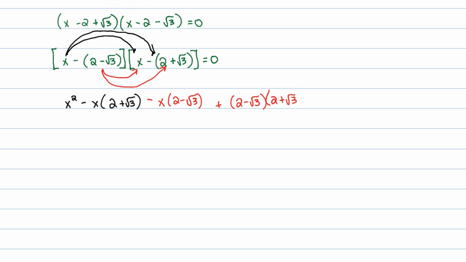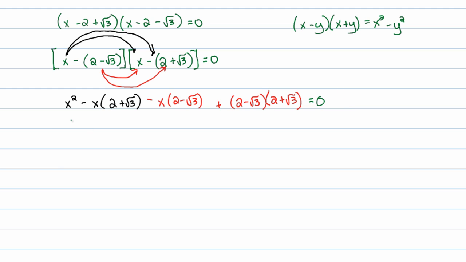And this is what's kind of neat about using this method, is that this right here is actually a difference of squares. It's not really a difference of squares, but we can see the pattern. Remember way back when we learned x minus y times x plus y becomes x squared minus y squared? So we could use that here.